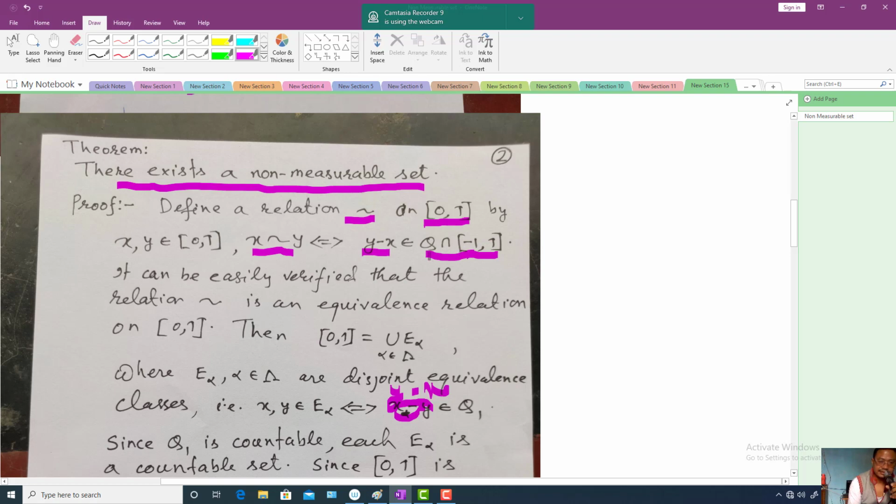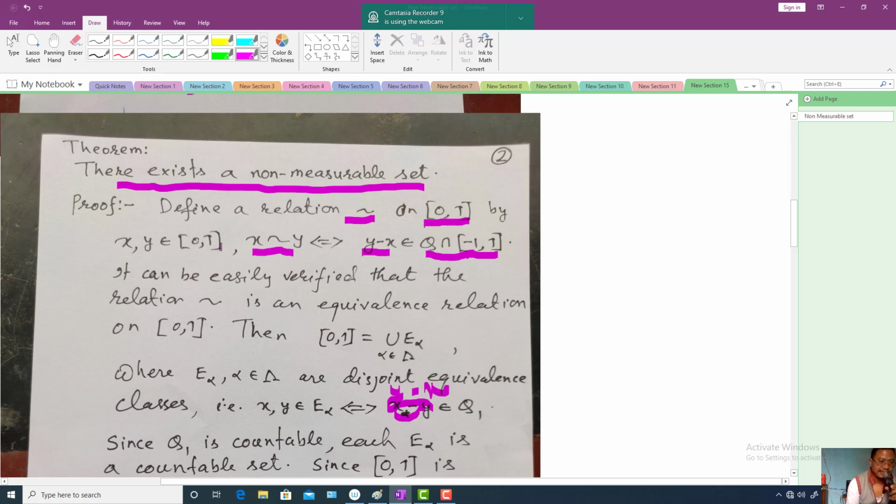Then we say that x is related to y. So this is an equivalence relation. You can easily establish it. You do it as an exercise, as homework. I am not giving you the proof here, but you just prove that this is an equivalence relation on the closed interval 0, 1.